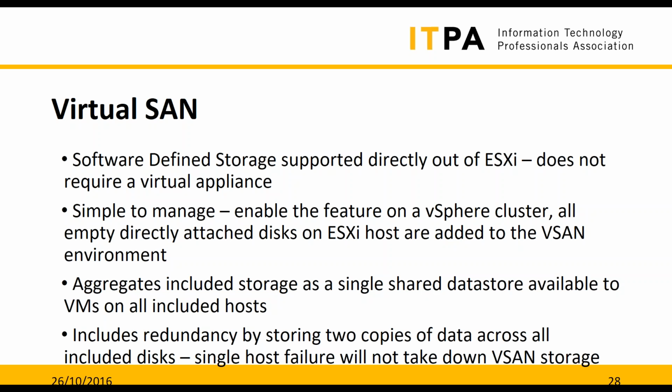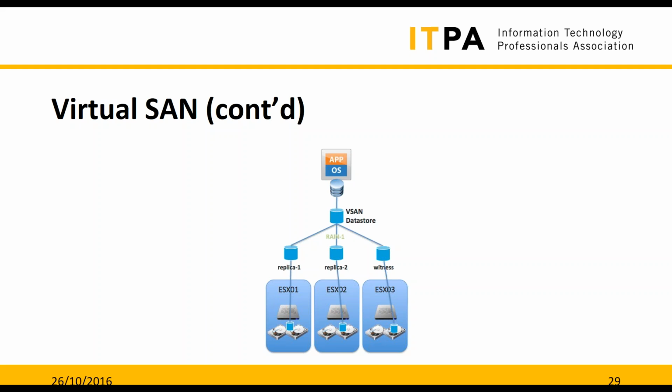How does it ensure that it writes a second copy on different disk to eliminate failure? Magic. No. Algorithms. There are underlying algorithms in the product that are designed to ensure that it doesn't write the data to the same disk twice, or to two disks in the same host. So as you can see here, on each ESXi host, or ESX as it shows them here again, there are physical storage devices.